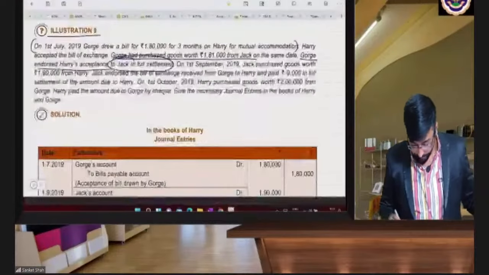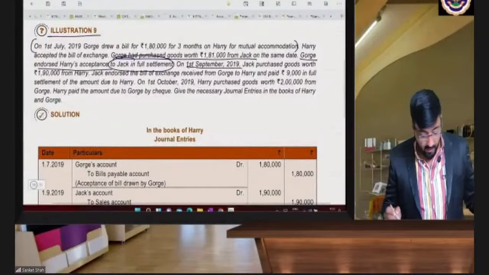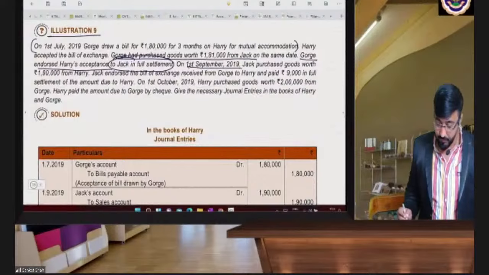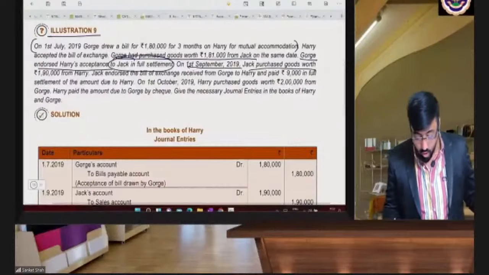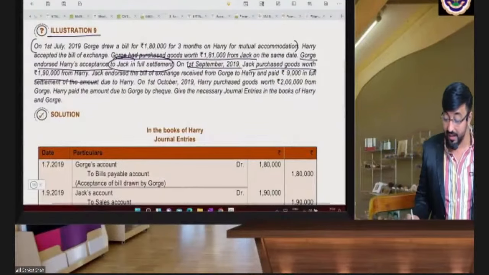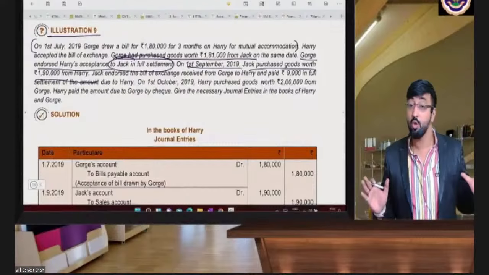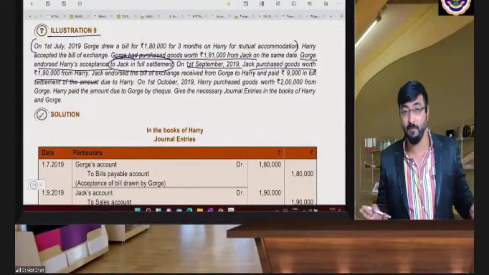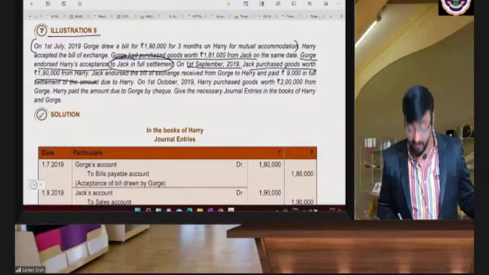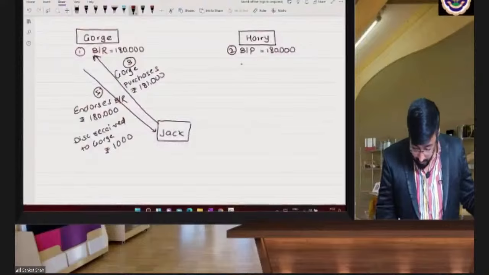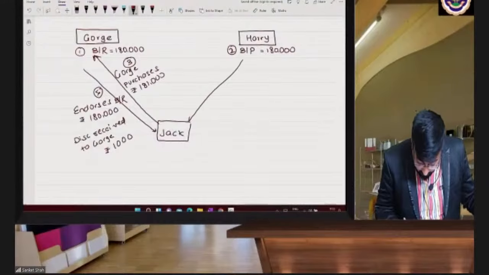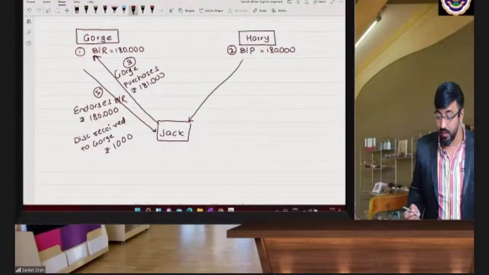Now what happens? On 1st September 2019, Jack purchased goods worth rupees 1,90,000 from Harry. So much confusion. Jack purchases goods. Now Harry, yes, direction, he sold goods.